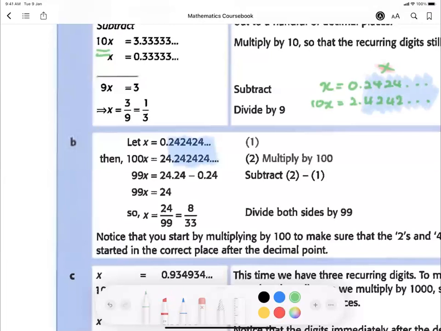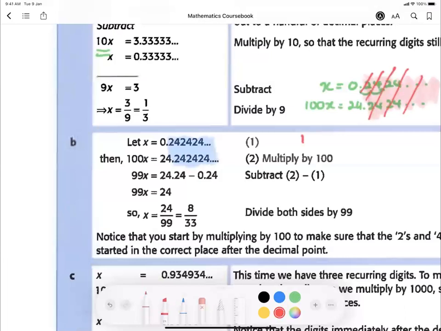So if I put it to 100x, however, then there is a recurrence. You can move the decimal place here: 24.2424. So you can see now there is a common part here. Then I can just minus them away and remove the recurrence.